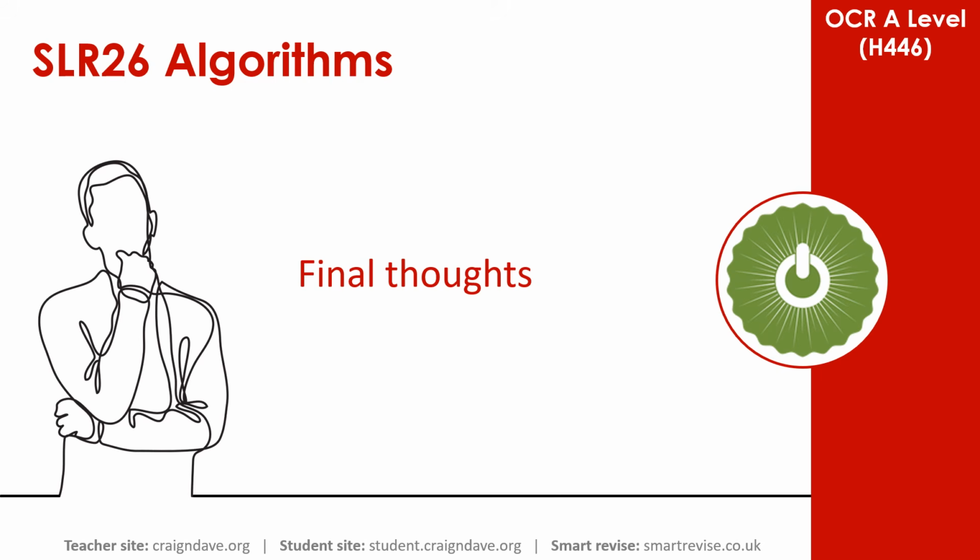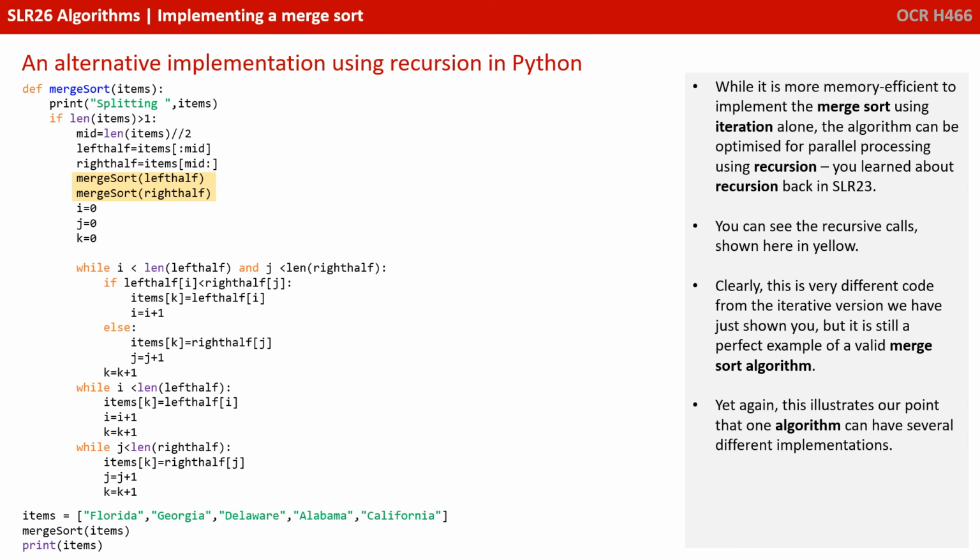So let's consider a couple of final thoughts about the merge sort before we end this video. While it is more memory efficient to implement the merge sort using iteration alone, the algorithm can be optimized for parallel processing using recursion, and we learned about that back in SLR26.